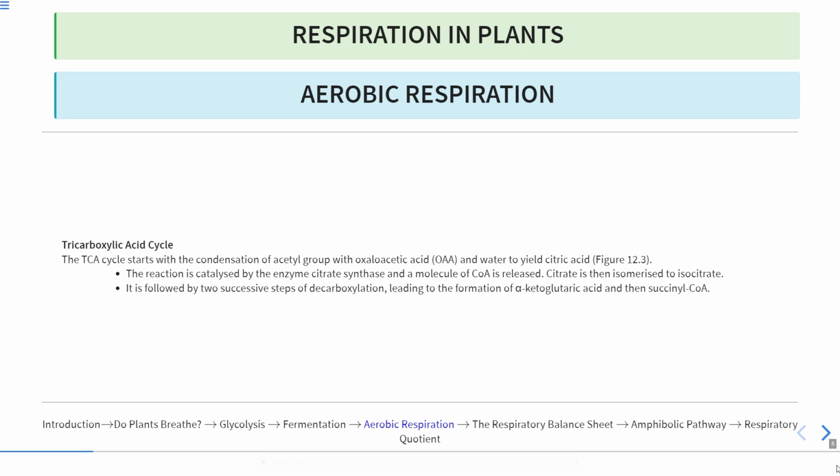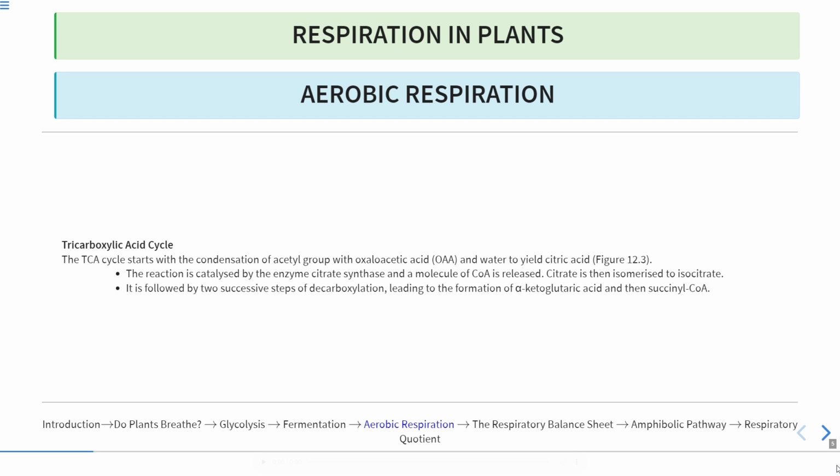Citrate is then isomerized to isocitrate. Now, what will happen in the next step of reaction? The citrate which is formed in the first step of this citric acid cycle, or the tricarboxylic acid cycle, is isomerized to isocitrate. For this there is a requirement of an enzyme called aconitase.